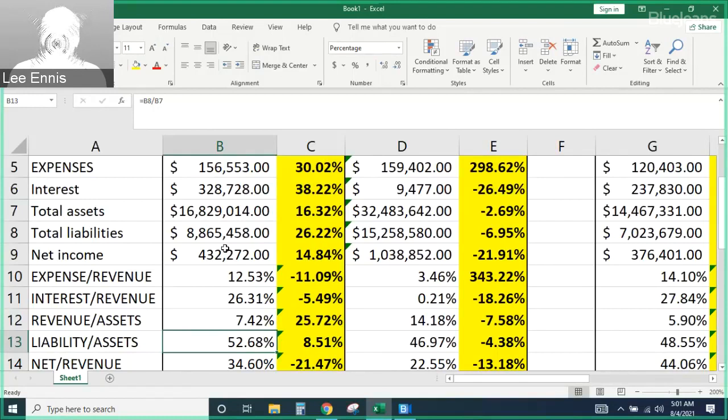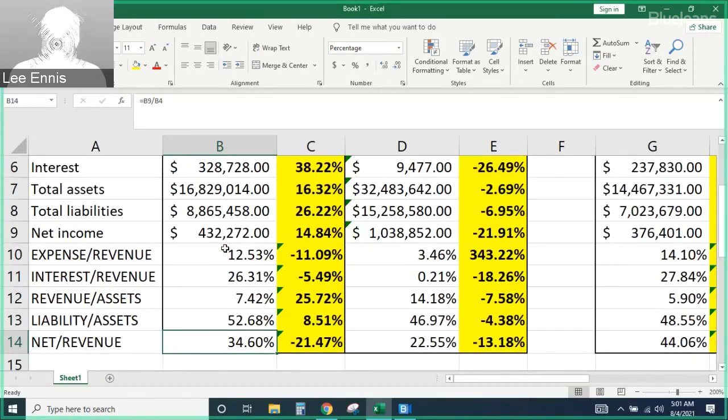So you definitely want to have that number as low as possible. You don't want to have as many liabilities as you have assets. And then we have net profit, or net income, as a percentage of revenue. So let's take a look at this stuff.